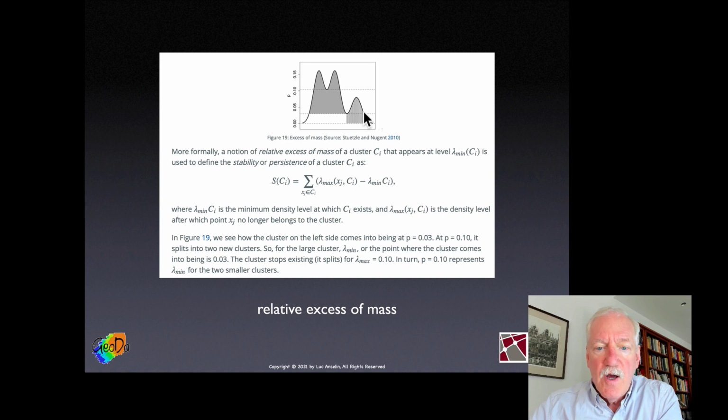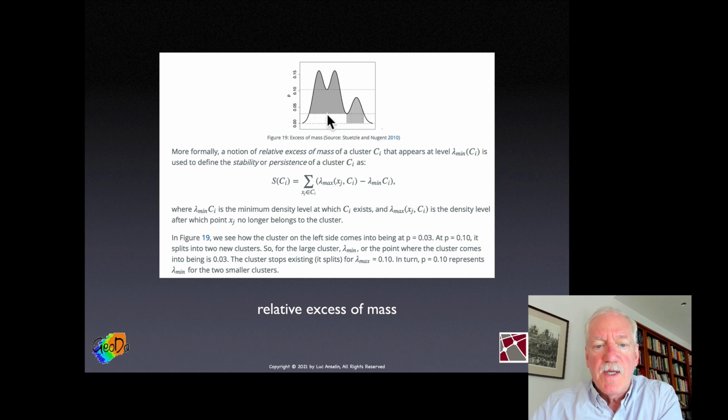For this rightmost cluster, the excessive mass is the area under the curve. And that's it, because there's no further split. Here, there is a further split.